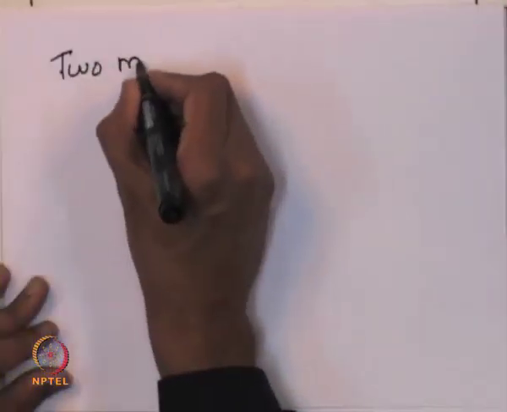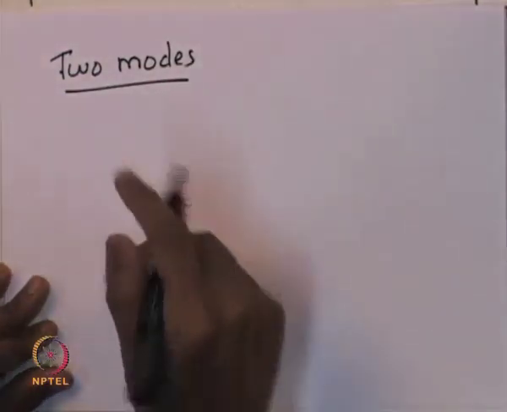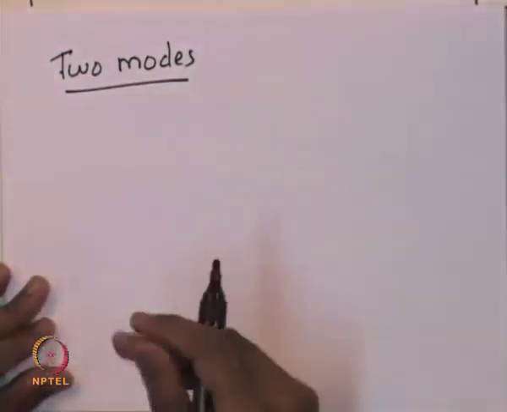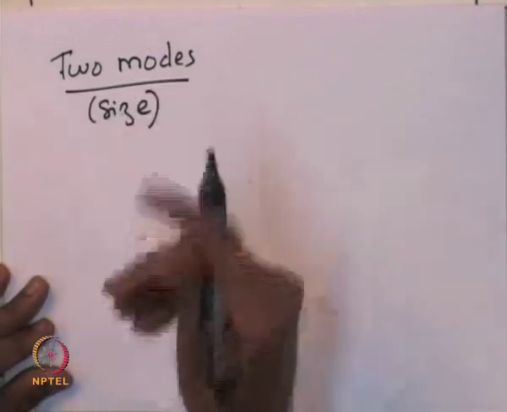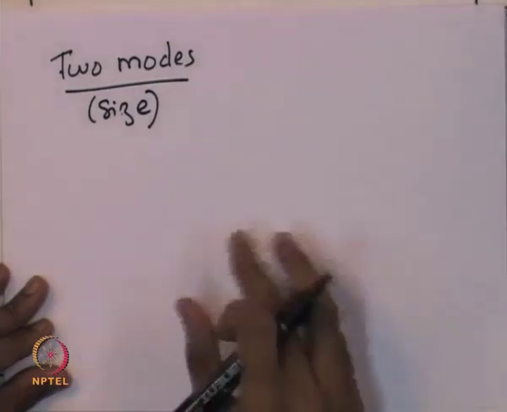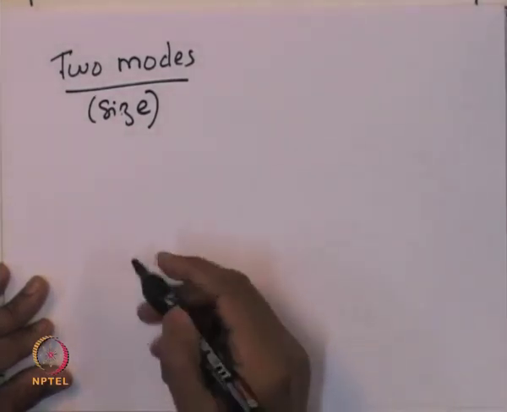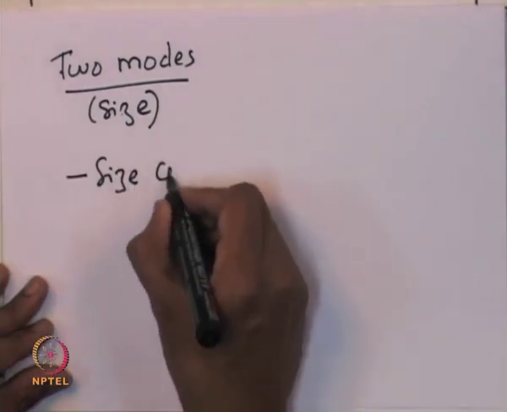There are two different classes of such fluid solid non-catalytic systems. I call them 2 modes, and this classification is based on the size of the solid core which is actually participating in the heterogeneous reaction.